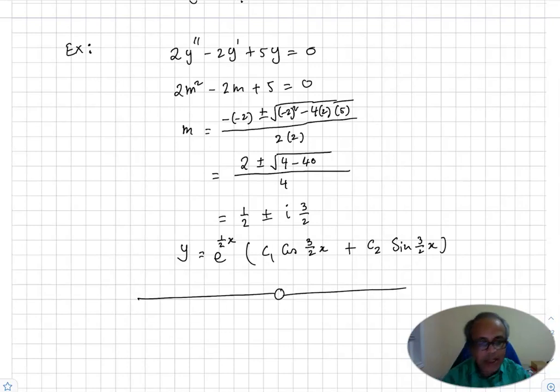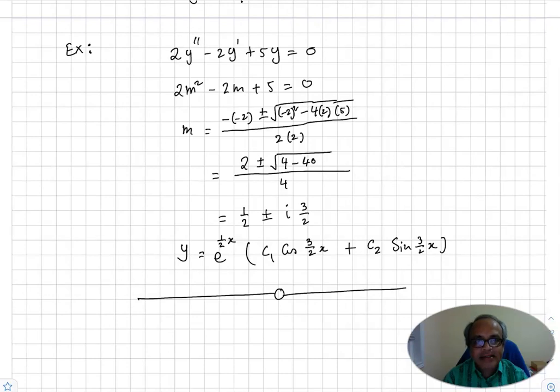And that's all, and hopefully it is now clear how to solve a second order linear differential equation with constant coefficients. I have covered all three cases. In the first case, your characteristic polynomial has two real distinct roots.